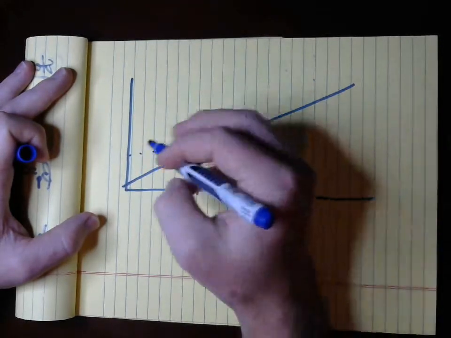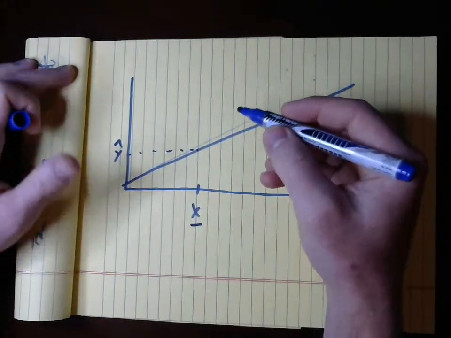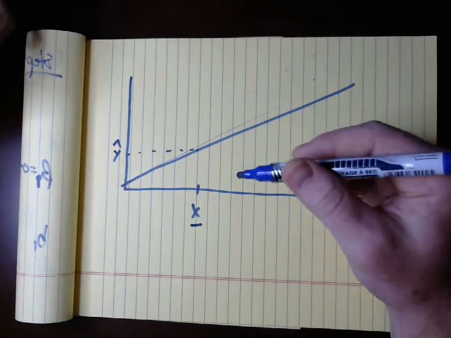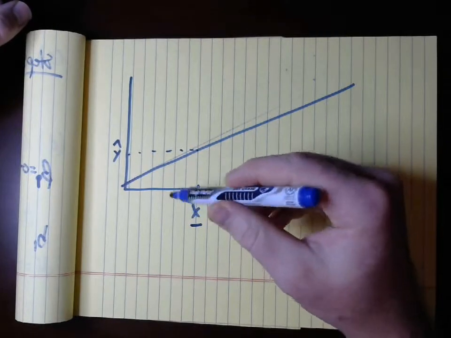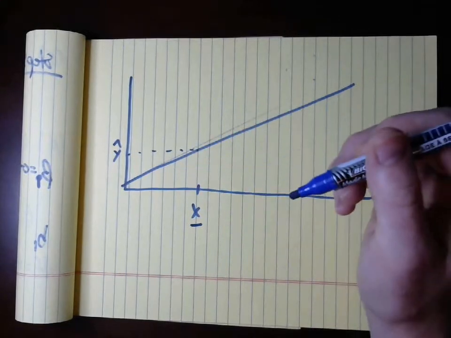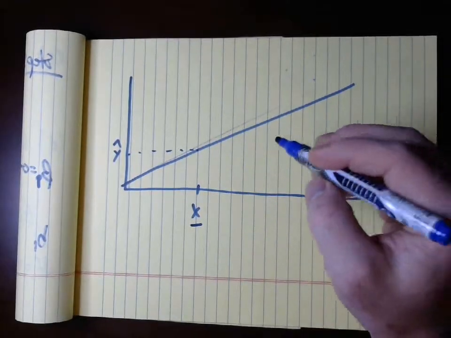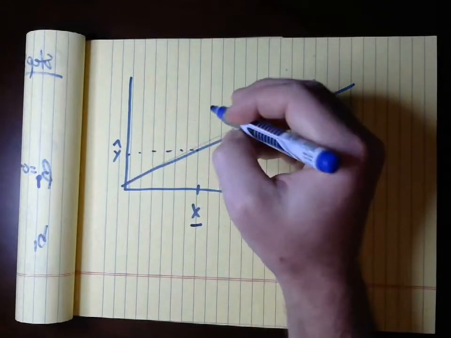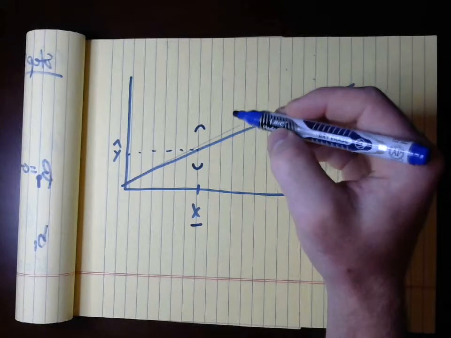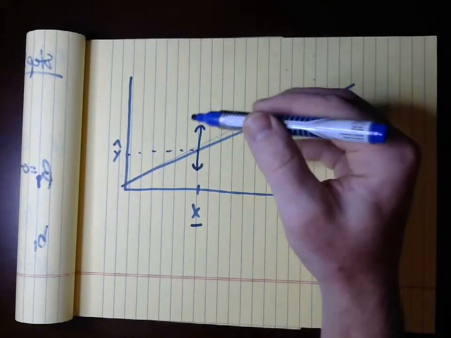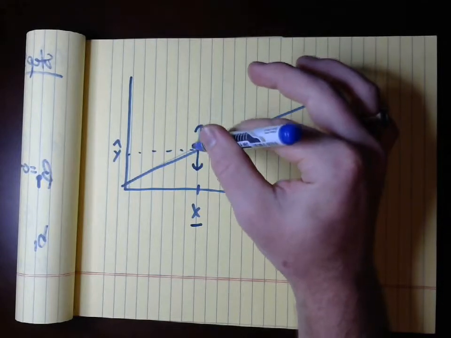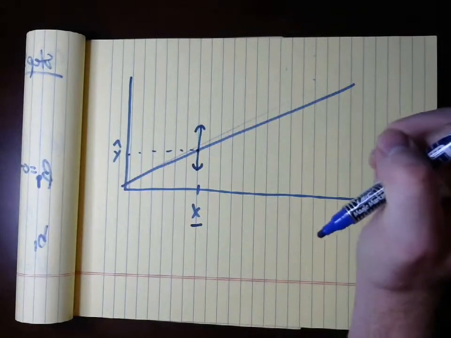As you would imagine, y hat would be the best estimate of what the average response for each value of x would be, which is based off of our sample. So the confidence interval is of the values of y. As you can maybe see, a confidence interval is vertical values. So from here to here, there's our confidence interval, centered at the y hat.